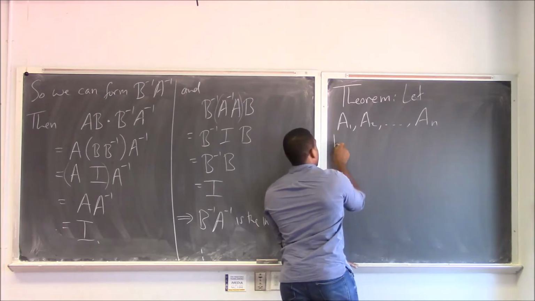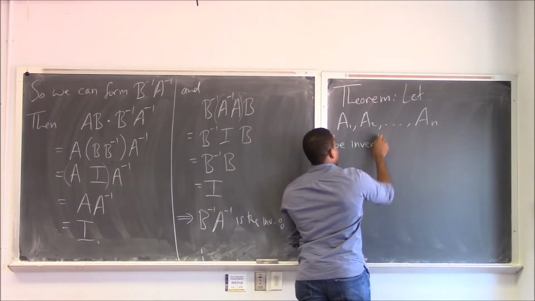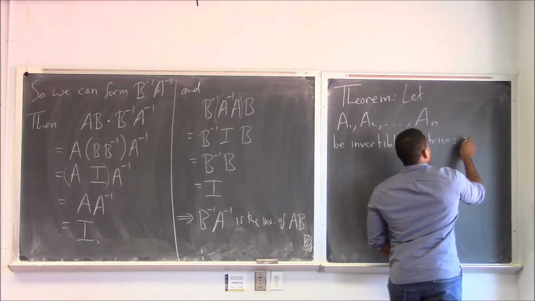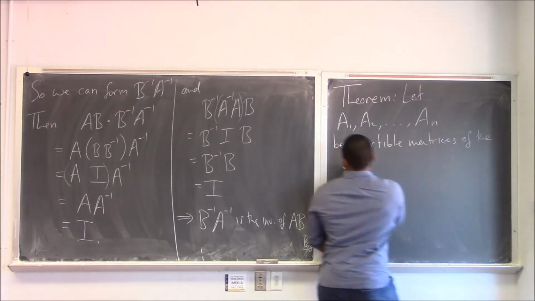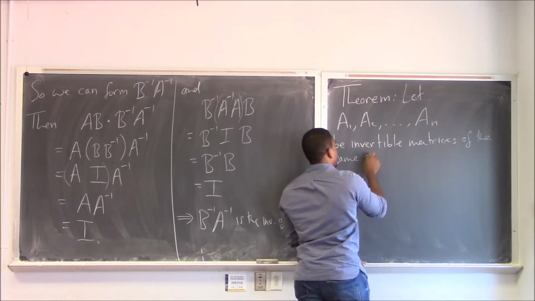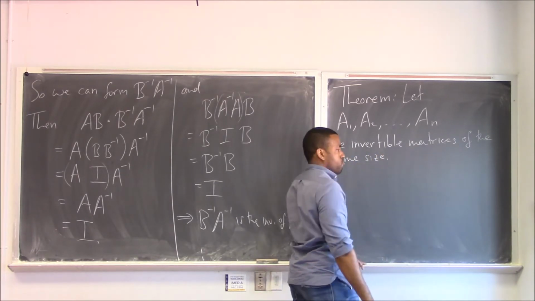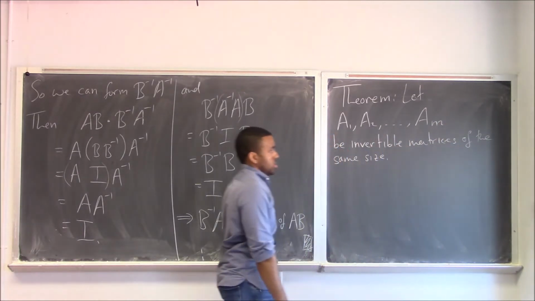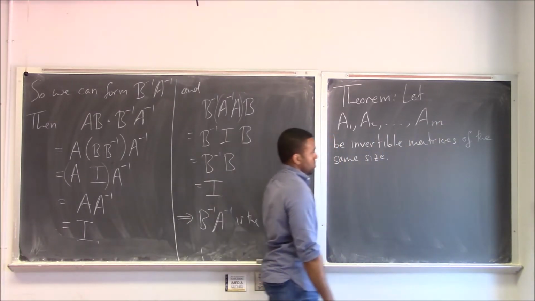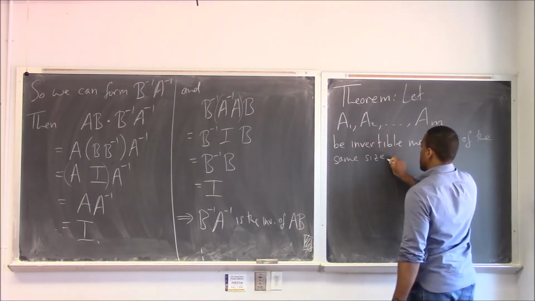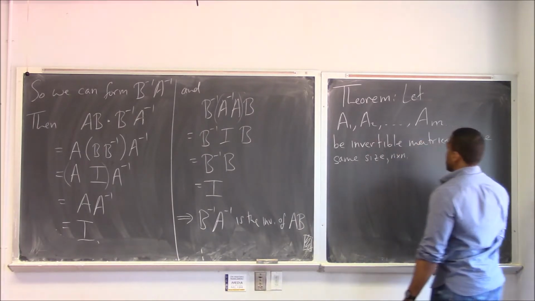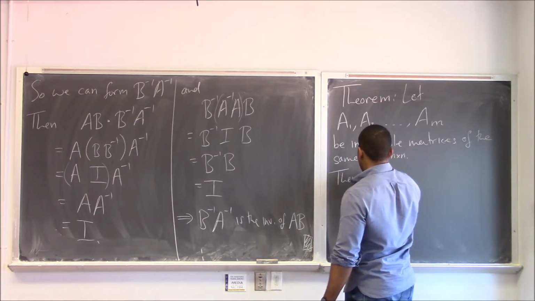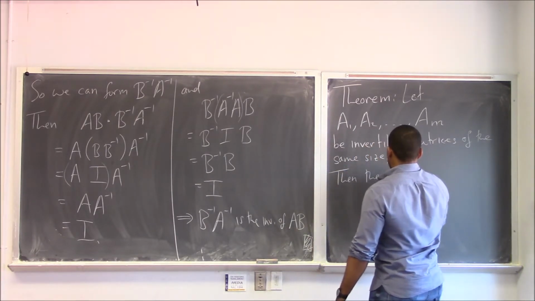Let these be invertible matrices of the same size. Let's call this n. So there are n by n matrices, there are m of them. Then the product is invertible.